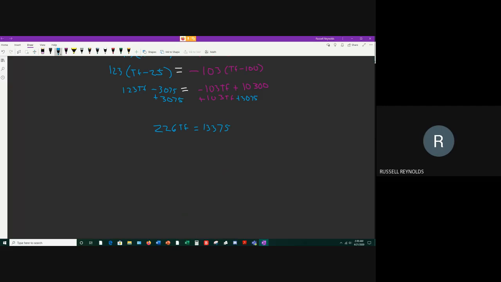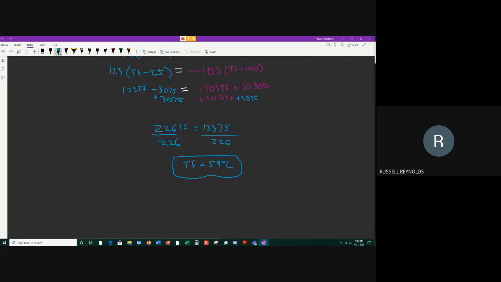Our goal, remember, is to solve for TF, the final temperature. So we'll divide by 226 on both sides. And so when we do that, your TF is equal to around 59 degrees C. So this is the temperature at which thermal equilibrium is established by combining these two things.